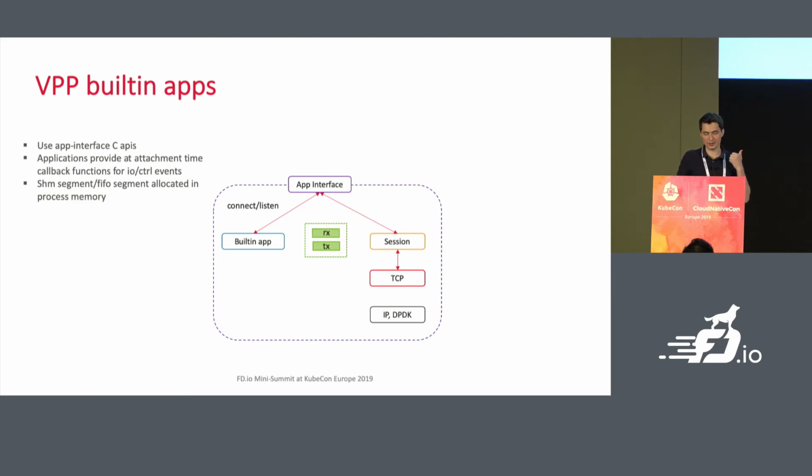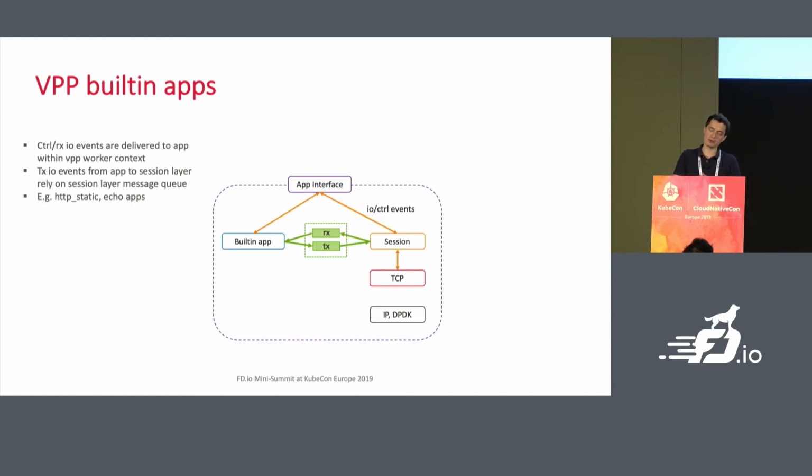And the shared memory segment where FIFOs for the sessions associated to these built-in applications are allocated is actually allocated within process memory. However, this is known or understood only by the underlying shared memory infrastructure. From the point of view of the rest of the system, they look just like normal segments.